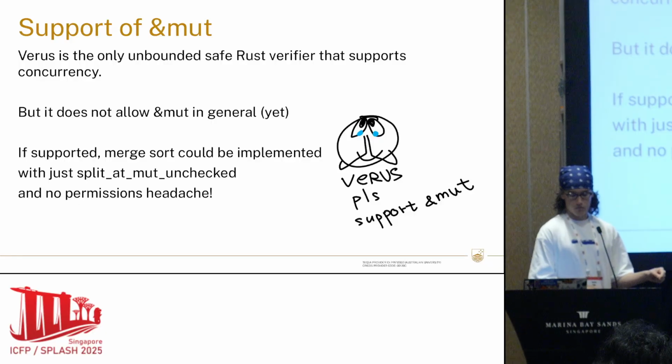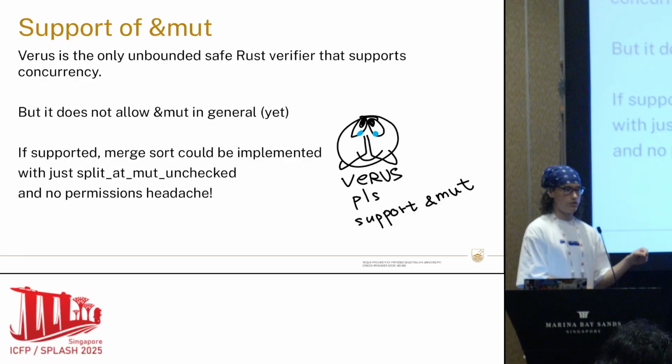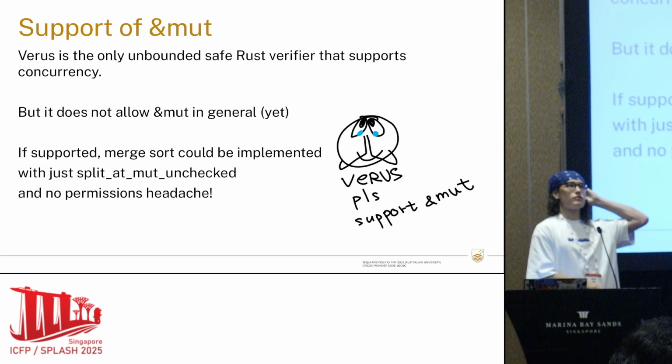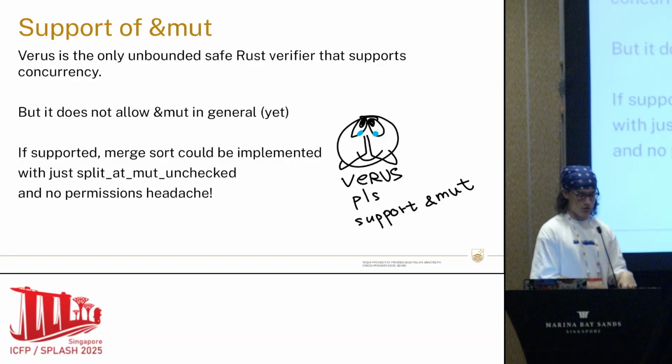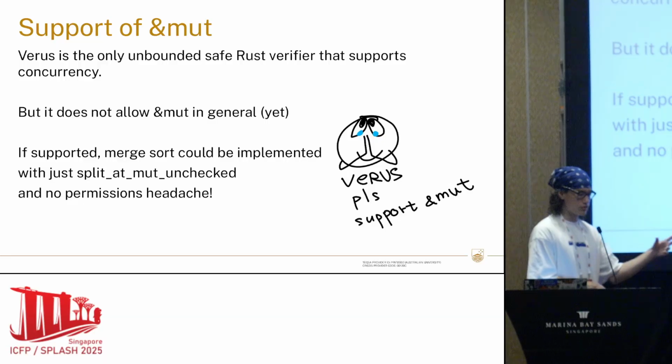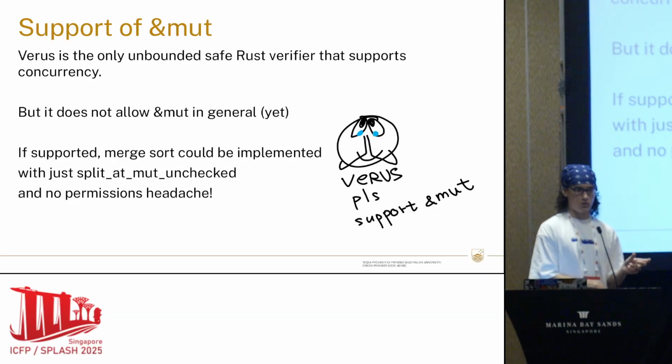Because with them, we wouldn't even have to introduce formal verification for merge sort. We wouldn't even have to use interior mutability for merge sort. We would just use split_at_mut_unchecked and move the index checks from runtime to preconditions. That's it. But because Verus doesn't support that, I couldn't implement it this way.